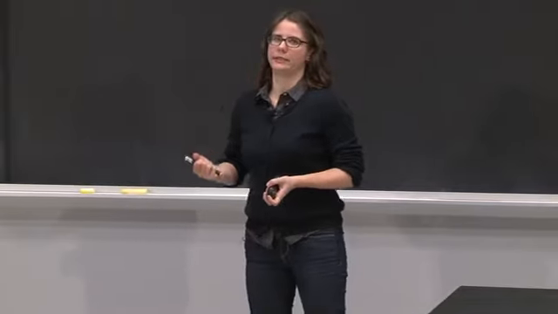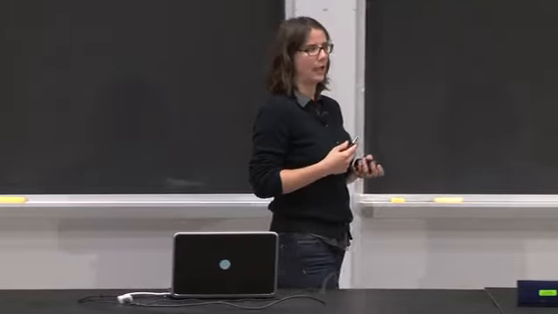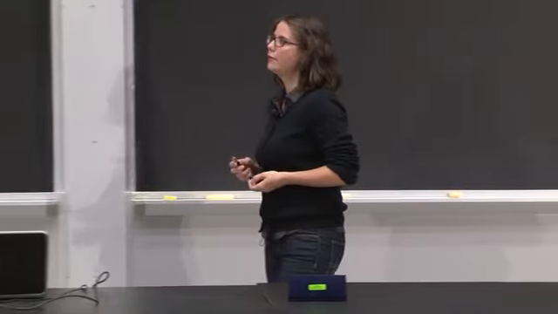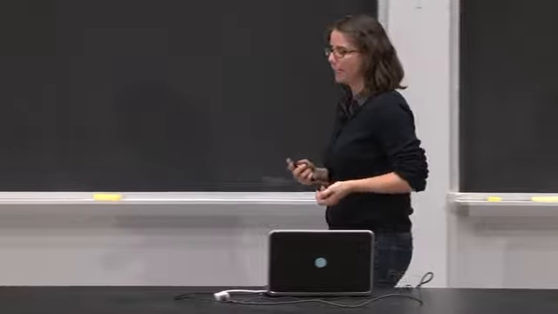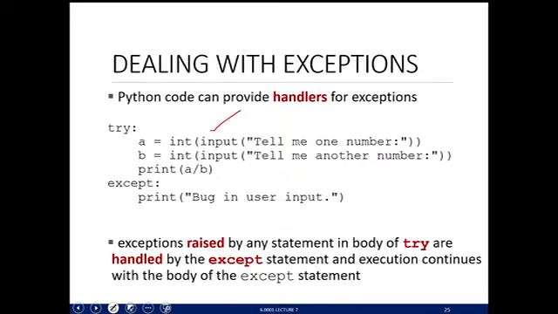So how do we deal with these exceptions? In Python, you can actually have handlers for exceptions. So if you know that a piece of code might give you an error, for example, here I'm dealing with inputs from users, and users are really unpredictable, right?